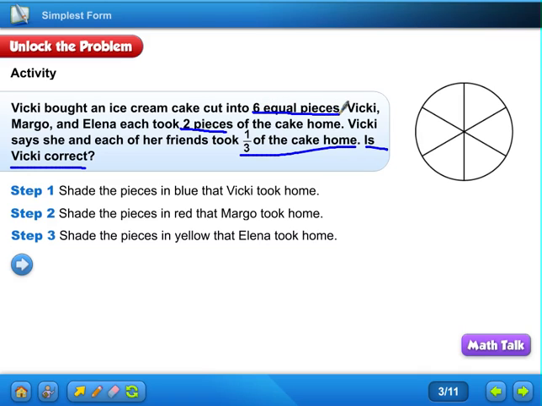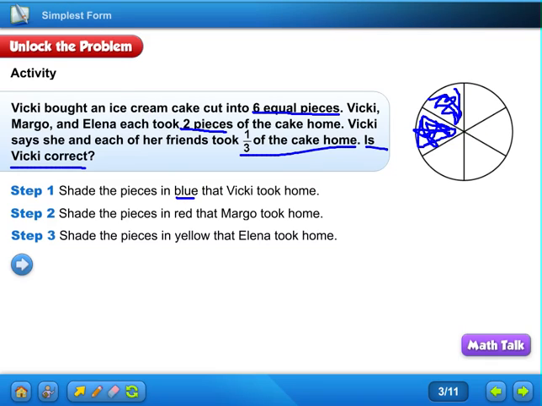All right. So step 1, shade blue for Vicky. Blue for Vicky. So this was Vicky. All right. 1, 2. All right. Next one. That was our blue for Vicky.